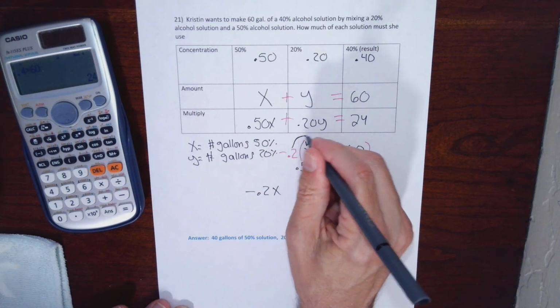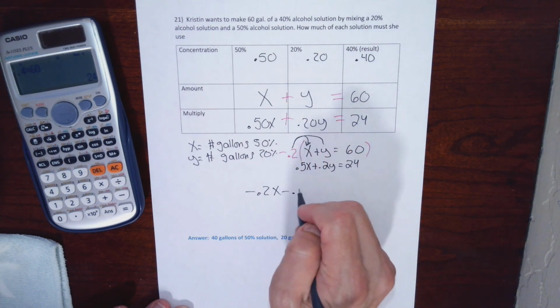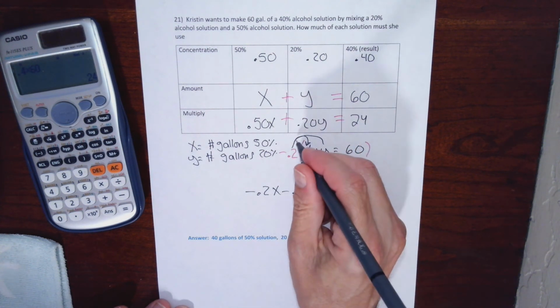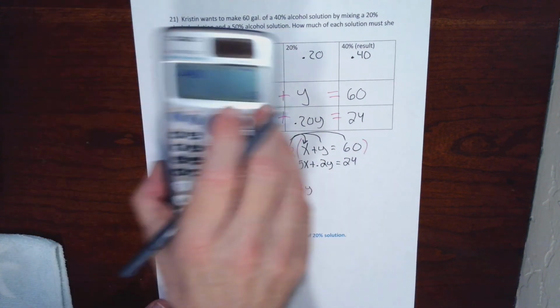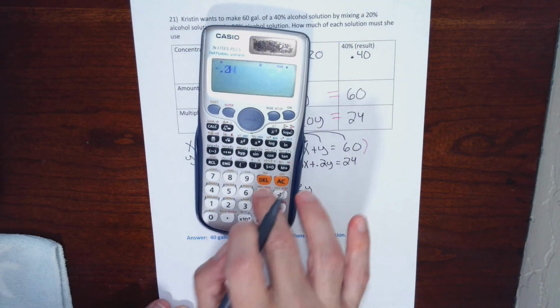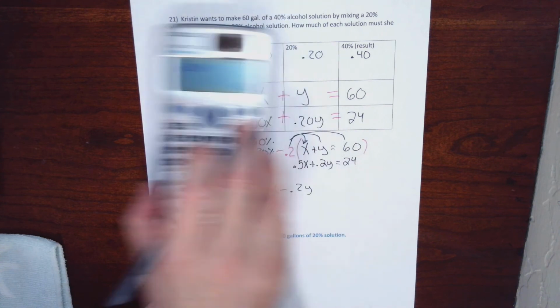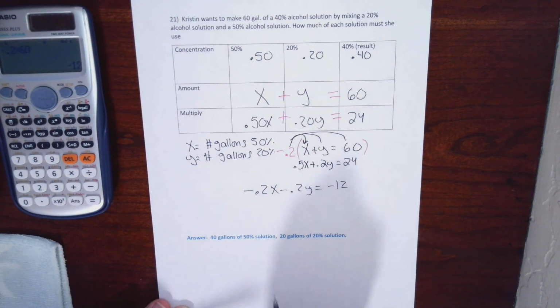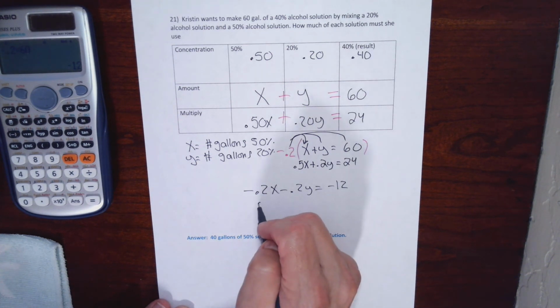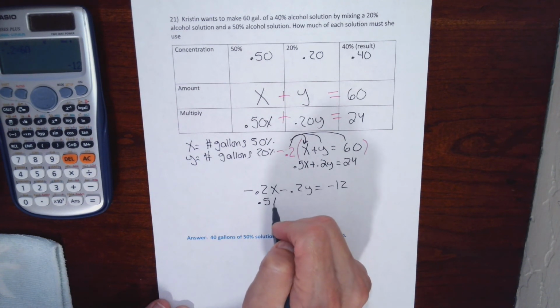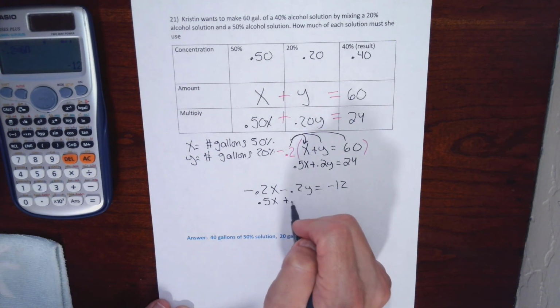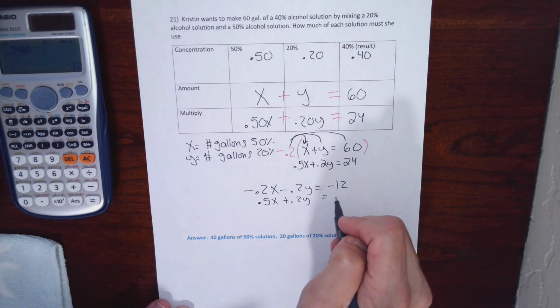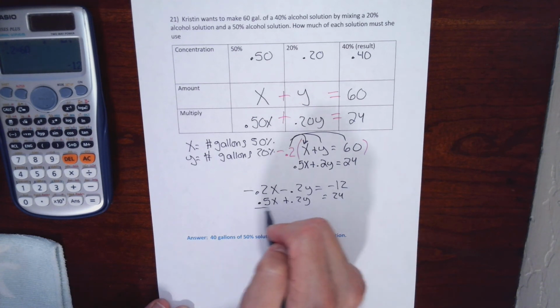I'm going to do minus 0.2 times y and get minus 0.2y, and then minus 0.2 times 60, I'll get minus 12. So I'm going to rewrite the top equation as minus 0.2x minus 0.2y equals minus 12. And I'm going to leave the bottom equation 0.5x plus 0.2y equals 24.